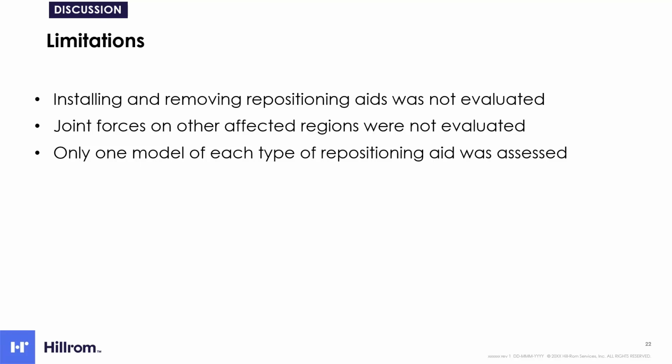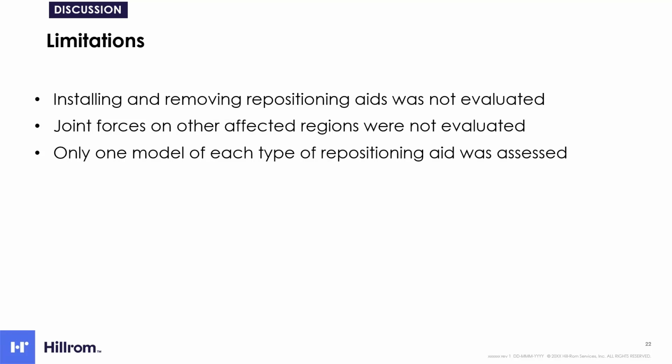There are several limitations in the current study. The first one is, we only looked at moving the patient, but the ease of applying and removing the repositioning aids under and from the patient was not investigated. Also, the joint forces on other affected regions were not evaluated. Besides the lumbar spine region, MSDs are also prevalent in shoulders, elbows, wrists, and many other body regions.